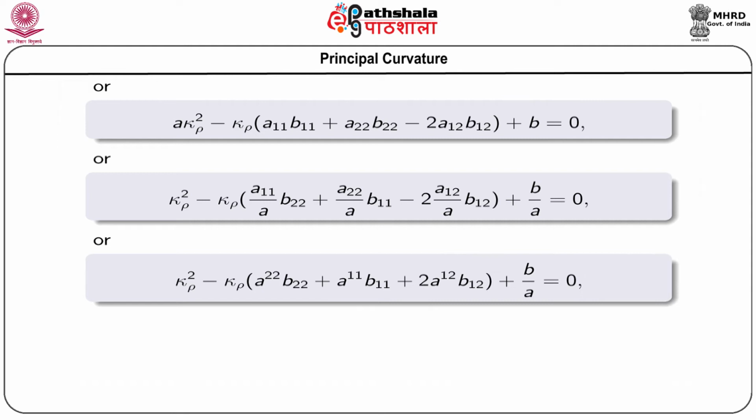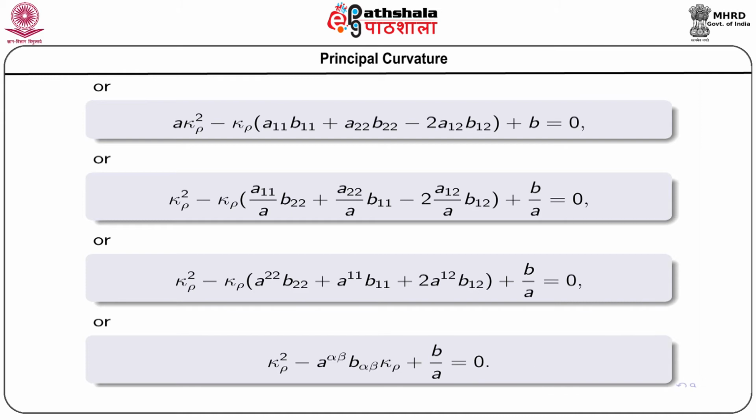Now, a11 by a is actually a22, the reciprocal tensor of a11. Similarly, the other terms, and so this equation takes this form.